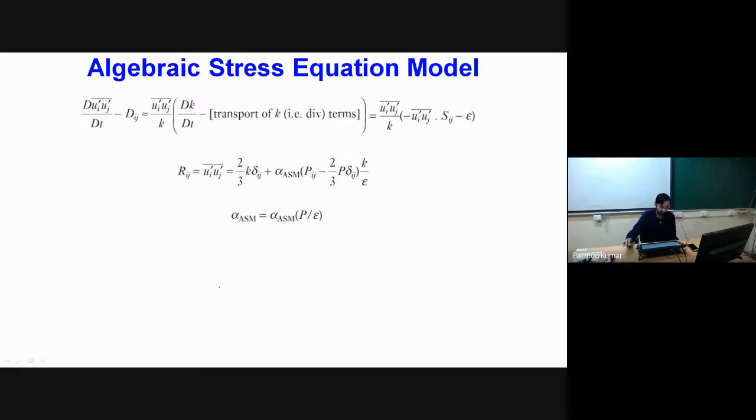One more model is called the algebraic stress model. It is once again an advanced turbulence model, which is an improvement on the RSM models. In the RSM model, the terms involving convection and diffusion are the most computationally expensive.